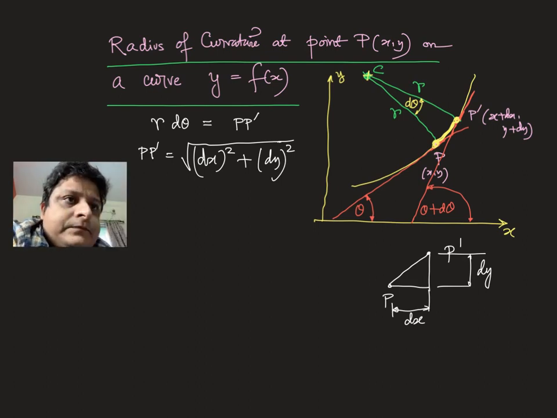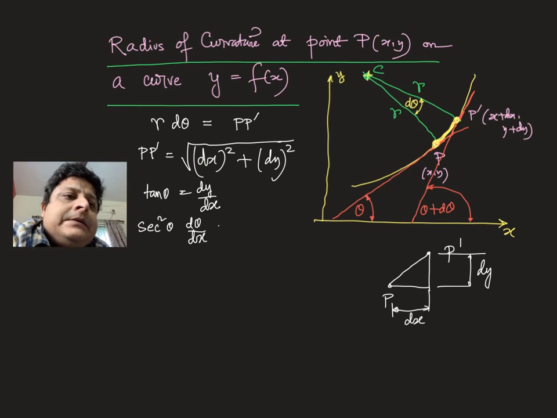Now again, this d theta. So tan theta is dy by dx. Tan theta is nothing but the slope of the tangent. If you differentiate it with respect to x, sec square theta times d theta by dx is equal to d2y by dx2, because you will get d theta by dx here.